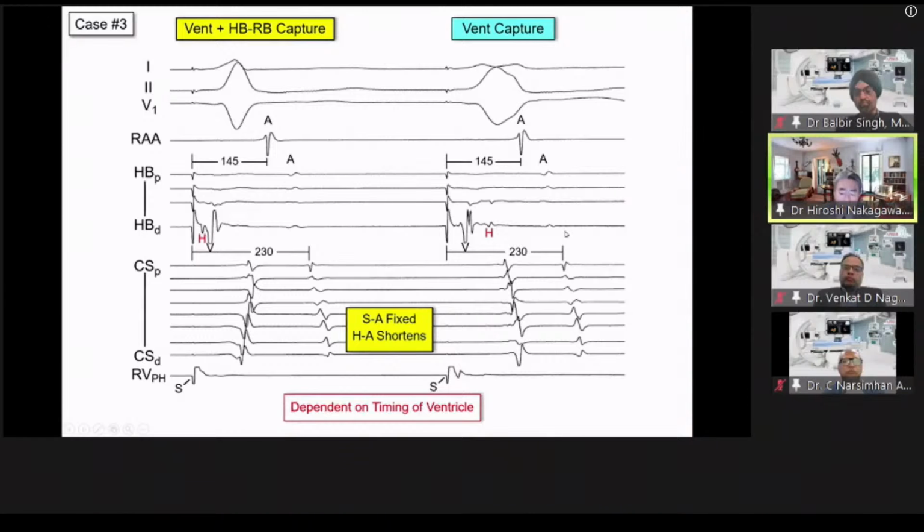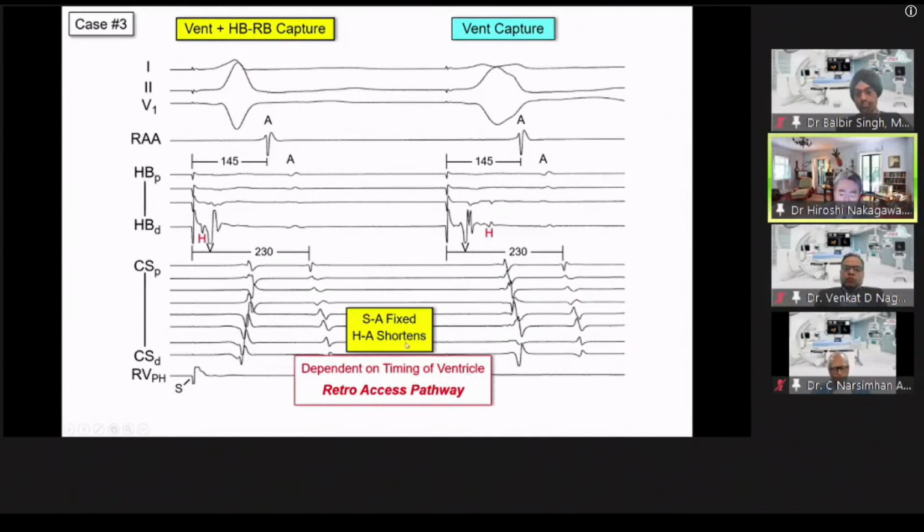So this indicates it depends on the timing of ventricular activation, not on His timing. Therefore, the retrograde accessory pathway is located at the anterolateral right tricuspid annulus. It clearly shows the presence of a right anterolateral pathway.